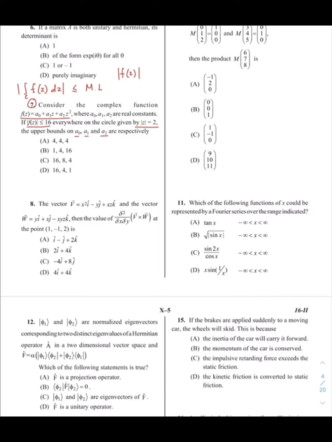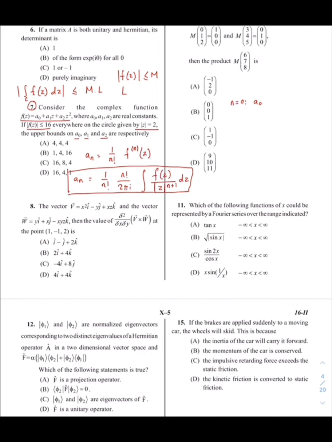In other words, |f(z)| is less than or equal to M, and L is the length of the contour C. Now, since f(z) is a polynomial in z, each coefficient a_n can be found by taking derivatives of f(z), and the derivative of f(z) can be found by doing the contour integral as follows. So we will use this formula to find the upper bound of each of these coefficients.